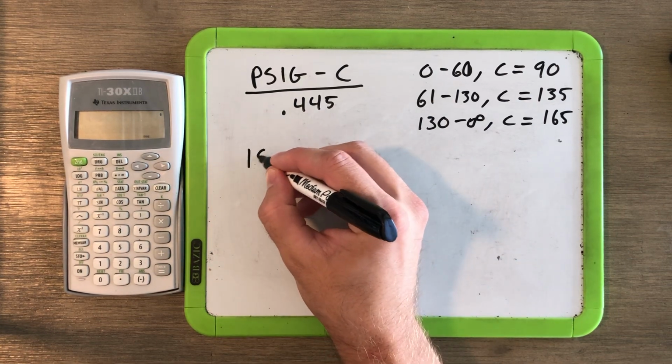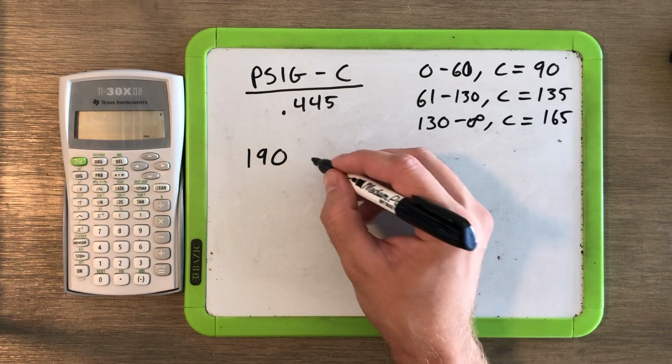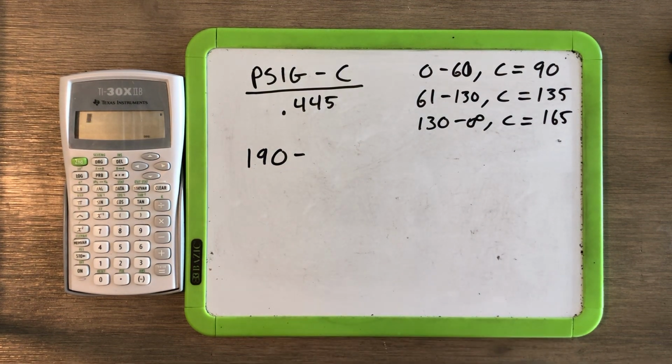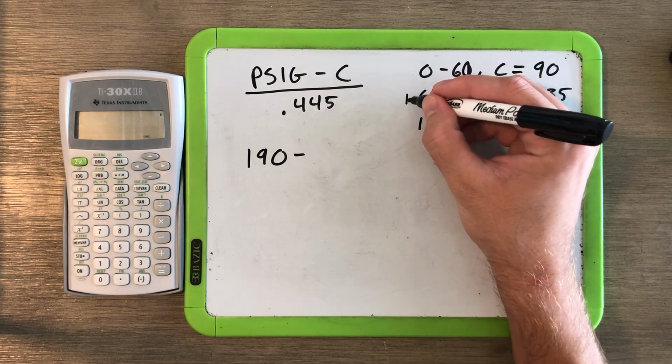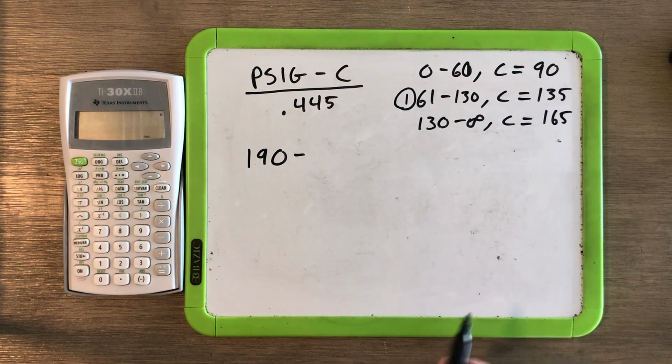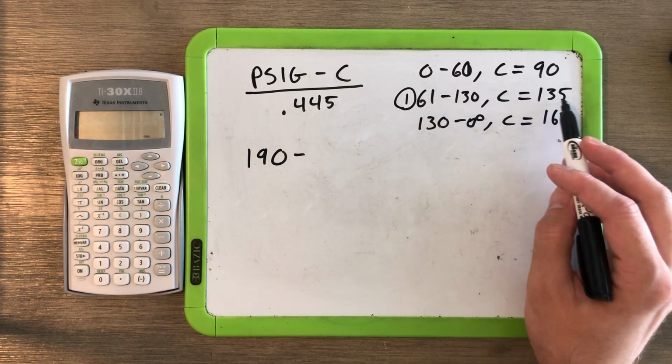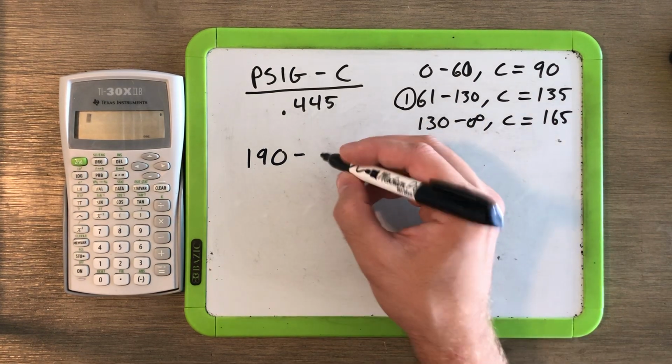All right, so let's say that the rated delivery pressure of our compressor is 190. So we take 190 and then we want to plan a dive, our first dive, dive number 1, to 120 feet. So dive number 1 falls into this range, so our C factor is going to be 135.